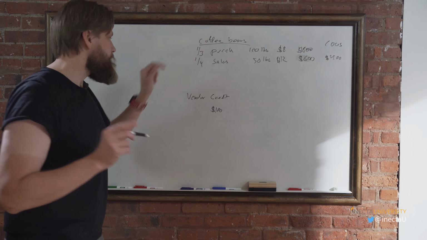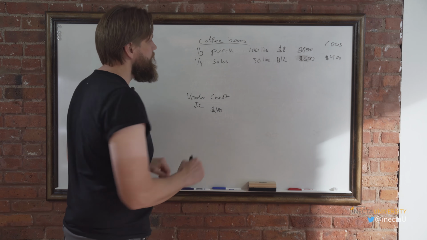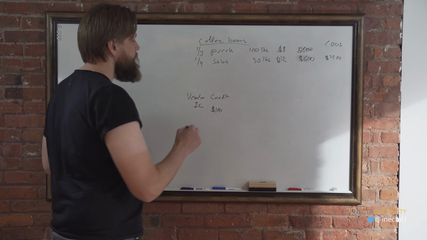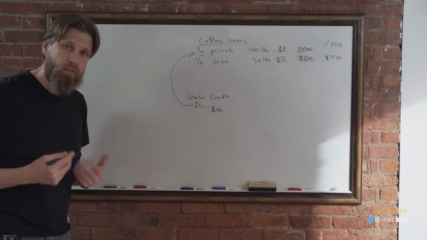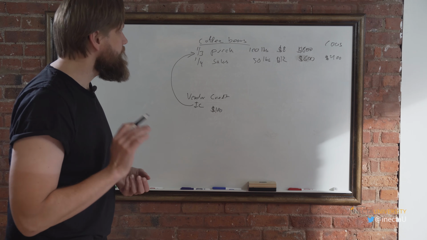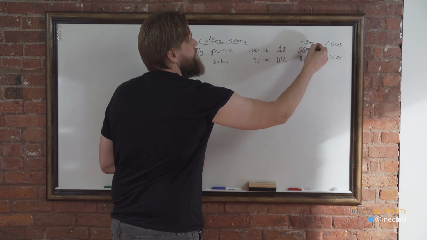So what we want to do now is do an item charge. So we do an item charge for $100, and we apply that item charge to this purchase, to this receipt. So what happens is that this becomes 700.